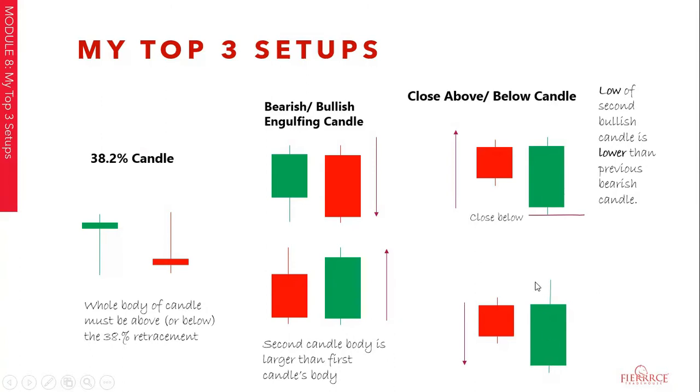We find this bullish candlestick. You find that the high of this second candle is higher than, and closes above, this previous bearish candle. Now when you see that, we are anticipating a move to the downside, meaning that there is pressure down.